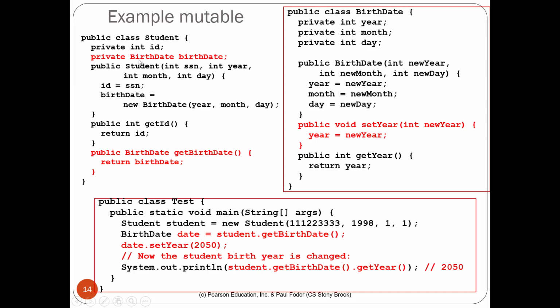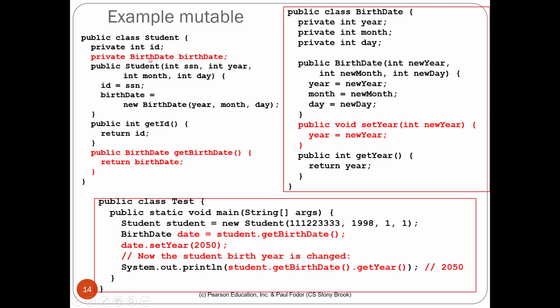All the classes that you create should start with a capital letter. That's the convention that we have in Java. All classes capital letters. So public class Student, S is capital. When you say private BirthDate, B is capital, that means BirthDate is a class.